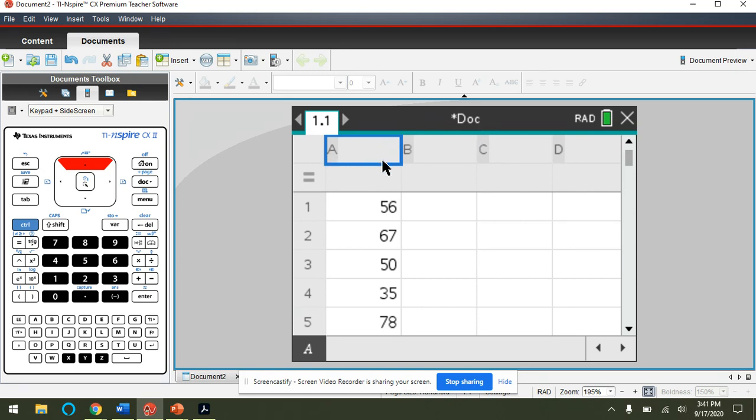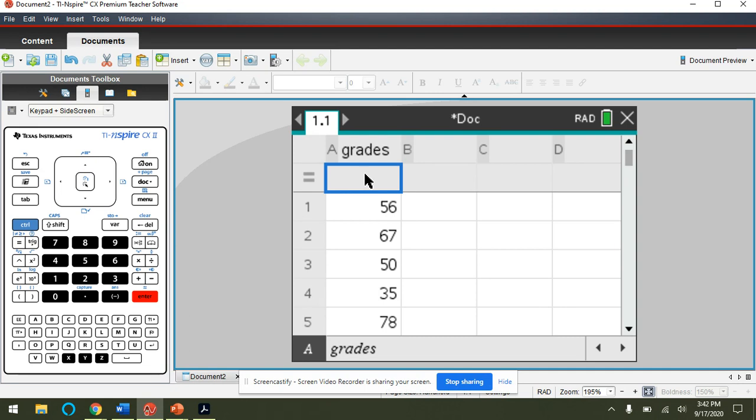So if I put just a G for grades, then there's also a column G over to the right. So I'm going to type in grades and press enter. Notice that when I pressed enter, it went from italics to solid. This second box here has an equal sign. That's where you can put equations and transform data.